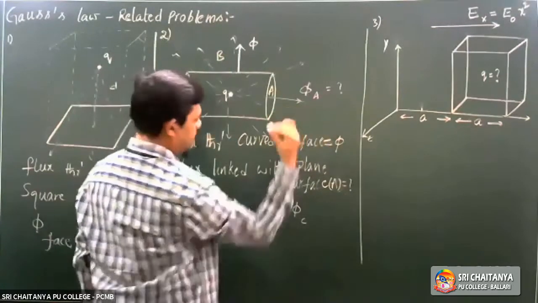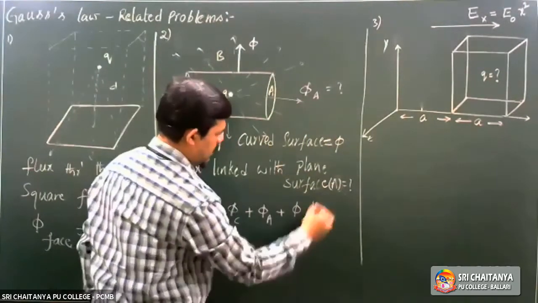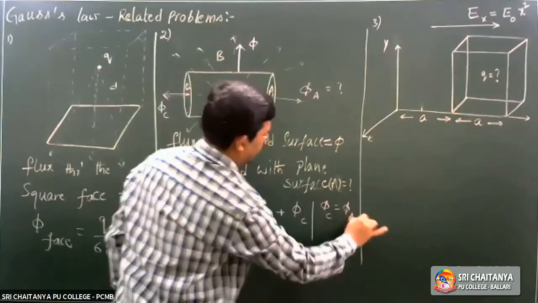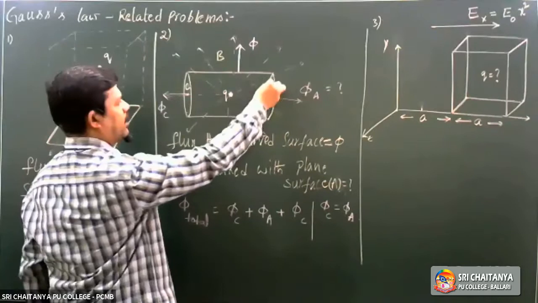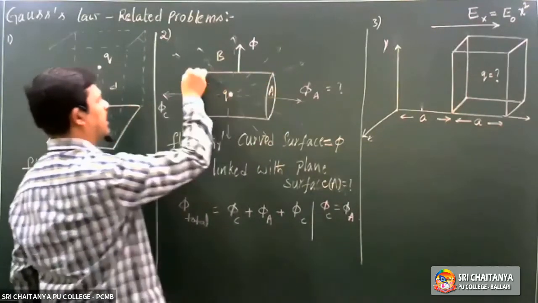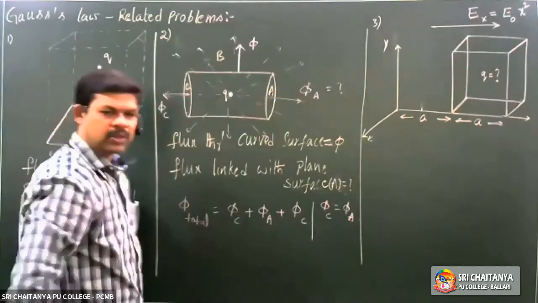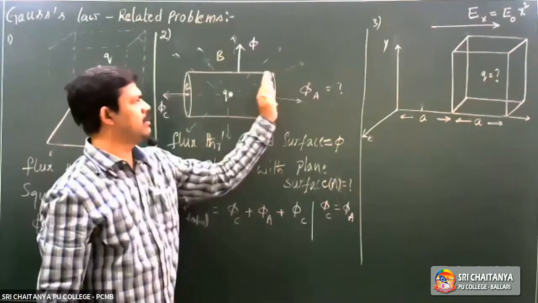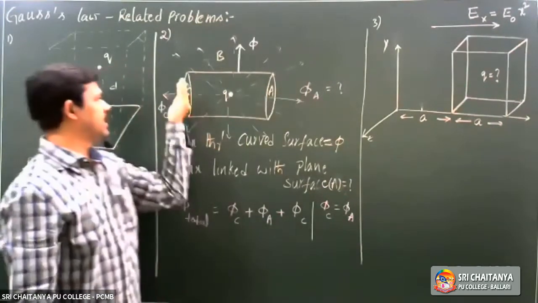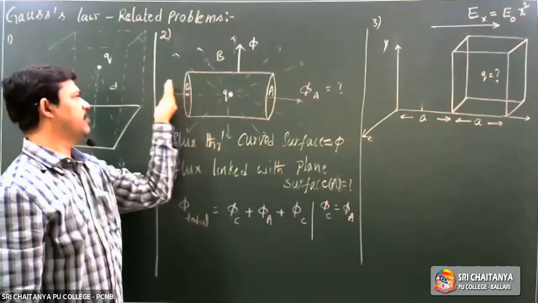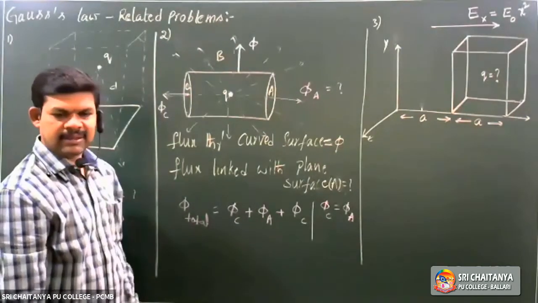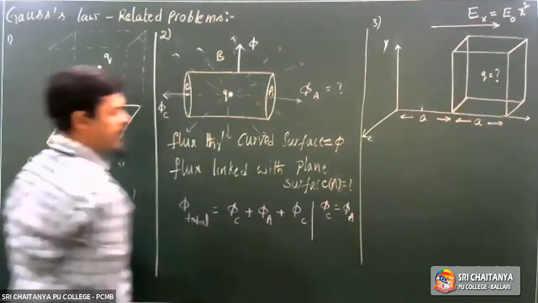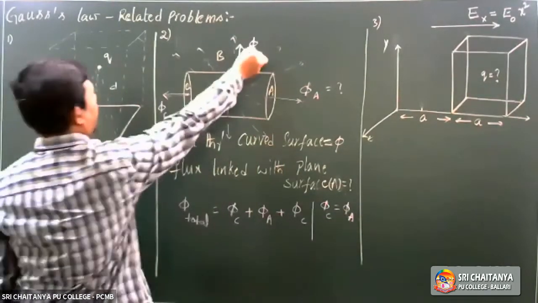From the diagram, can't we write phi C is equal to phi A? Because the area of this surface and the area of this surface are both the same, the flux coming out is the same as the flux coming out of C. So phi C is equal to phi A. You are given phi.